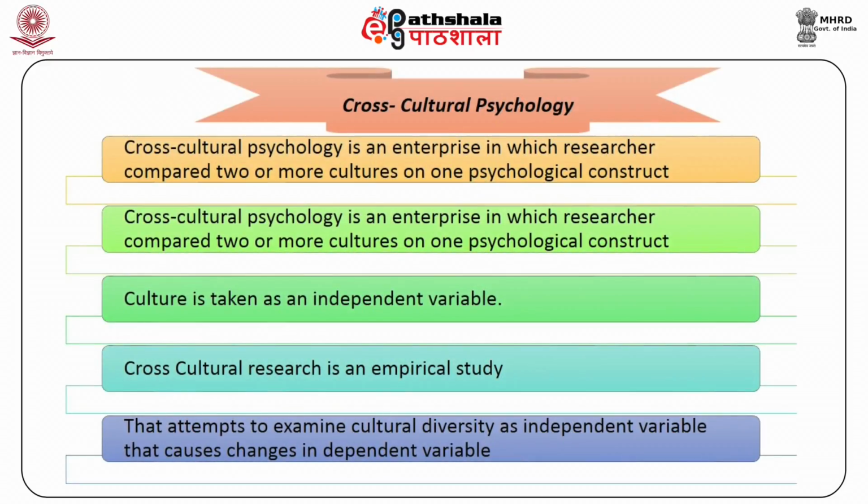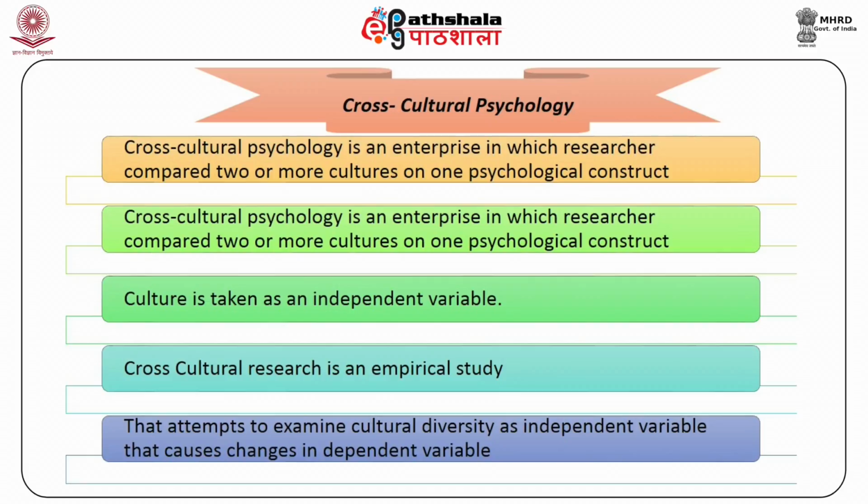In simple terms, cross cultural psychology is an enterprise in which researchers compare two or more cultures on one psychological construct, emotion, cognition, etc. The goal of cross cultural psychology is to search for the common entity of a psychological construct that can be observed in all cultures, that is, cultural universals.